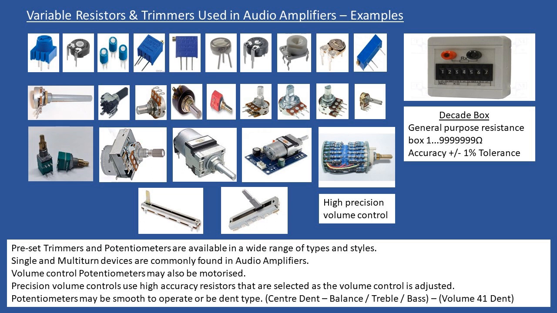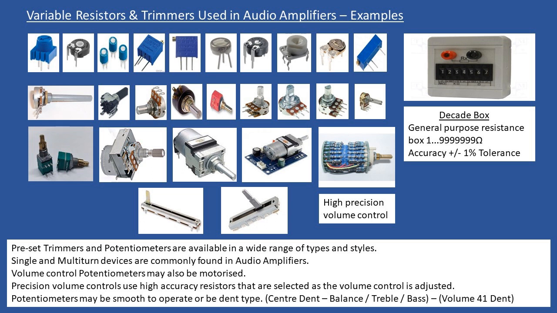And you say, well, okay. Well, what we do in that case is we don't actually know what the resistance value should be until we've adjusted it, right? So what we do here is we can use a decade box, and what these decade boxes are is similar to the high precision volume control, where you have a bank of switches, and then I can select the appropriate resistance value on there.